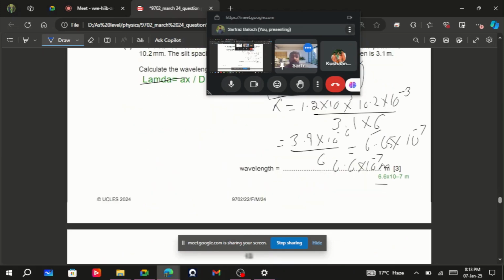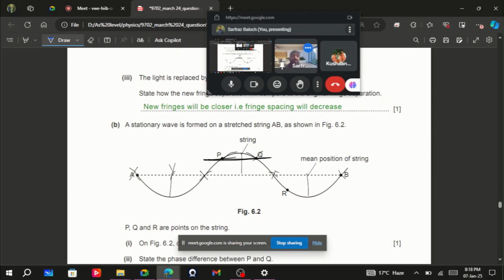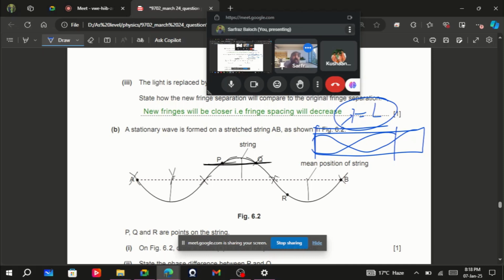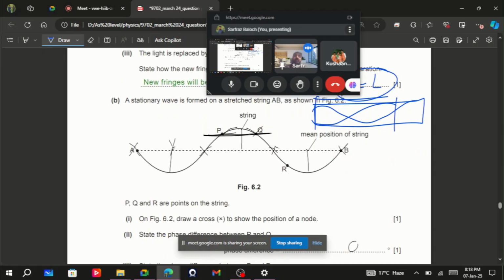In the next question, this is about stationary waves. Whenever you are talking about stationary waves, keep one thing in mind: two stationary waves always equal one lambda, or you simply call it L. Next is in phase, meaning the points on a wave which are at the same phase are in phase.